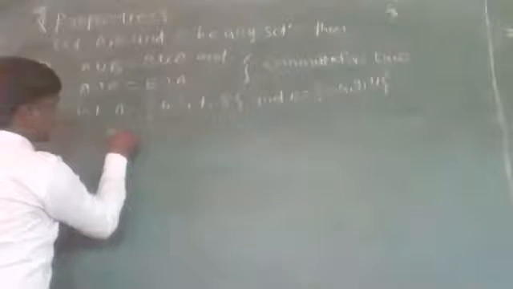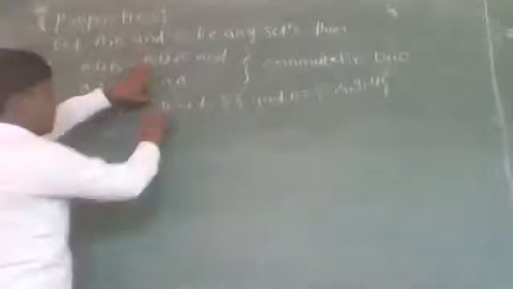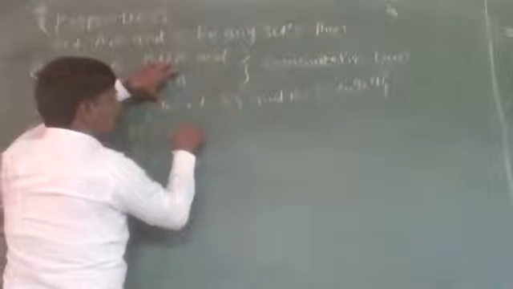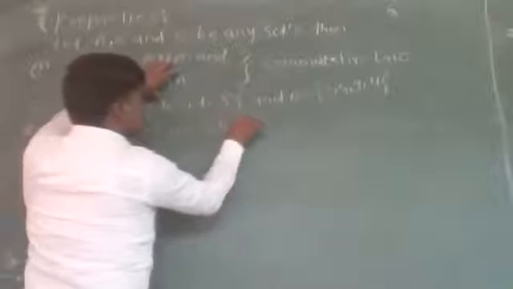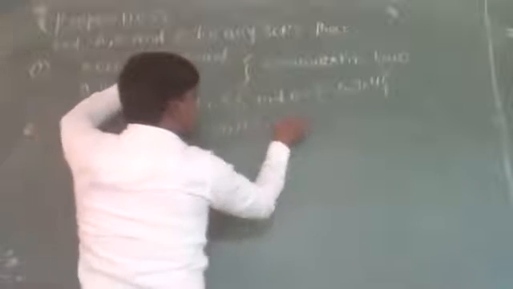A union B contains all those elements which belong to either set A or set B: 1, 2, 3, 4, 7, 8, 9 and 11.